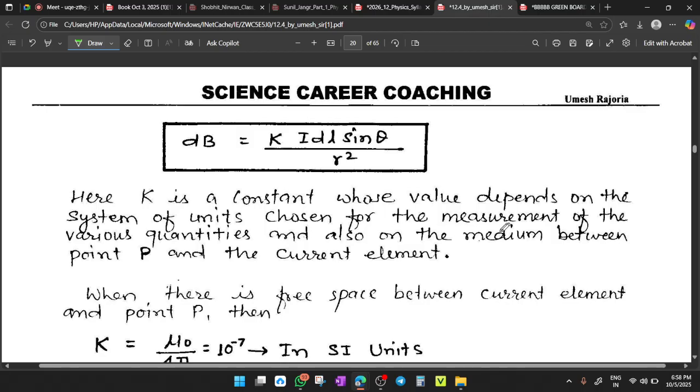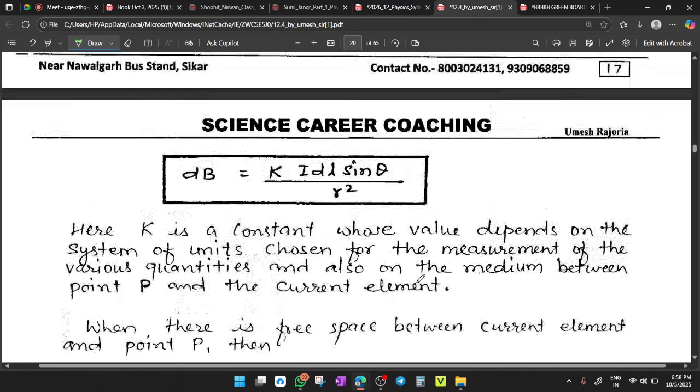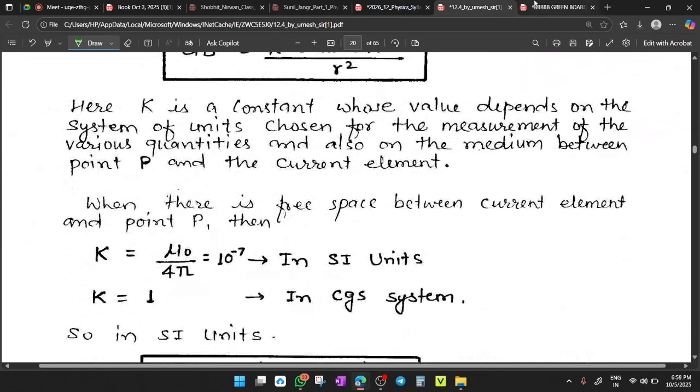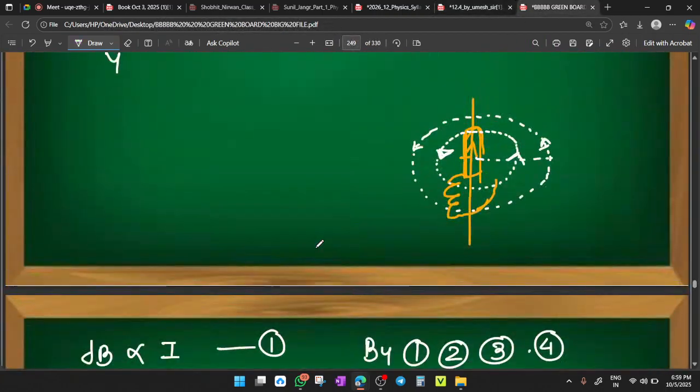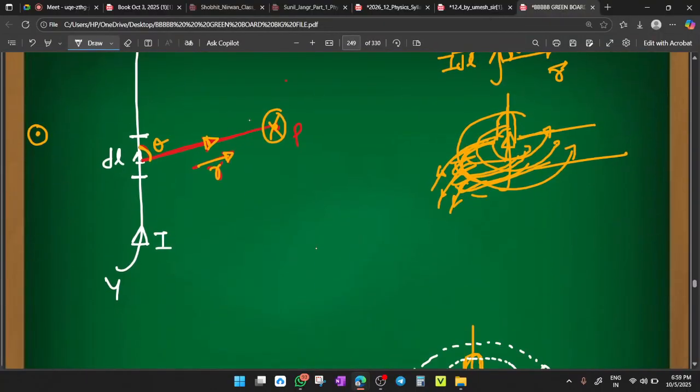It is chosen for the measurement of the various quantities, and it also depends on the medium between the point P and the current element, like what intervening medium you are taking here. If it is air between the current element and this point P, then mu becomes mu naught.